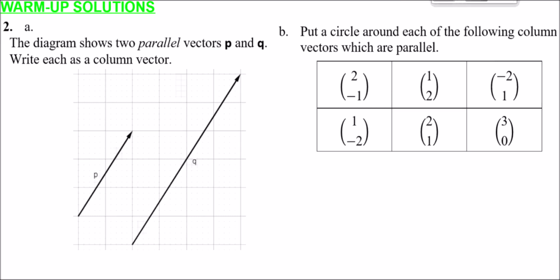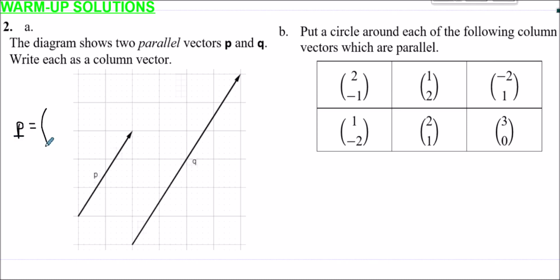Question 2. We have a diagram showing 2 parallel vectors p and q. We need to write each as a column vector. We can use the same scale as before, where 1 big square means 1 unit. Now to write a vector, we can simply write it as a letter with a line underneath to denote vector.